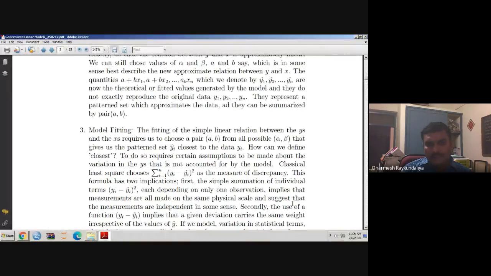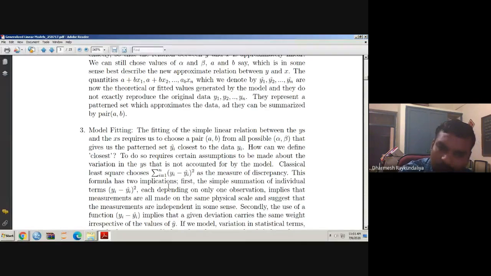Secondly, the use of the function y i minus y i cap implies that every deviation carries the same weight irrespective of the value of y i cap. So you can see that in a summation, each observation carries equal weight. There is nothing multiplying (y i minus y i cap) squared in the summation. So here the multiplication coefficient is 1.